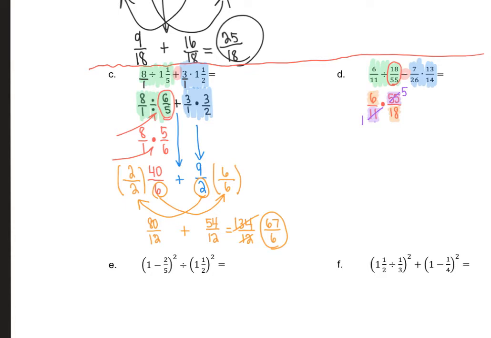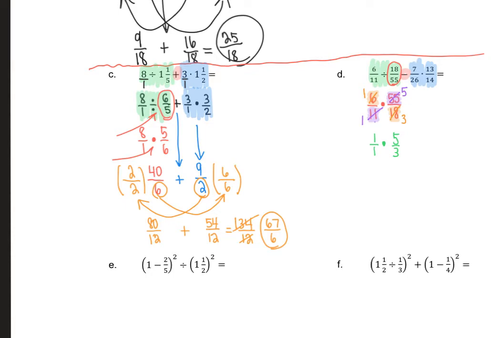In the 6 and 18, your common factor is 6. So 6 divided by 6 is 1. 18 divided by 6 is 3. So this becomes a much easier multiplication problem because basically you have 1 over 1 times 5 over 3. You don't have to rewrite it, but if you want to rewrite it so that you can tell what numbers you're using, that's how you do it.